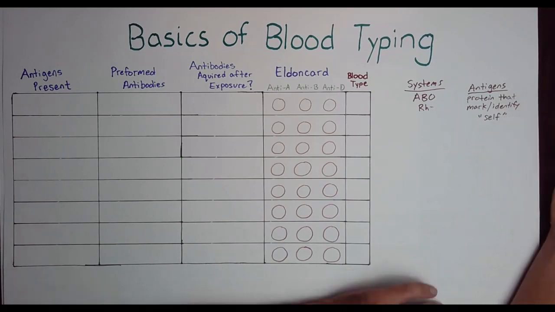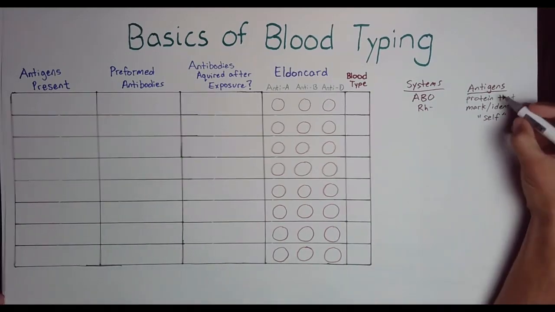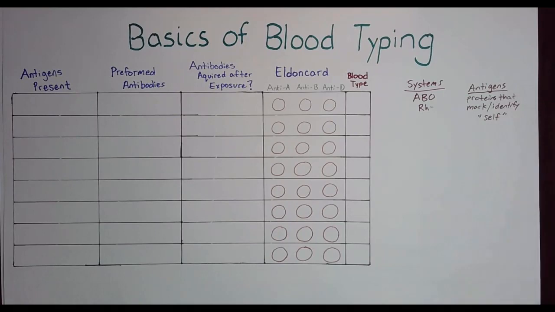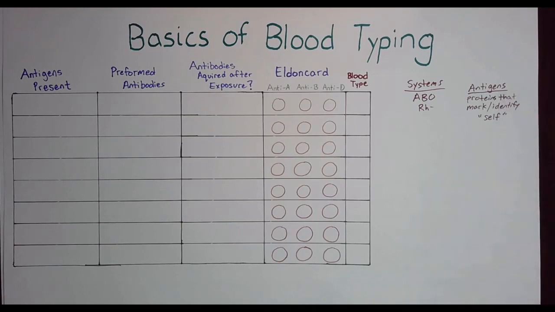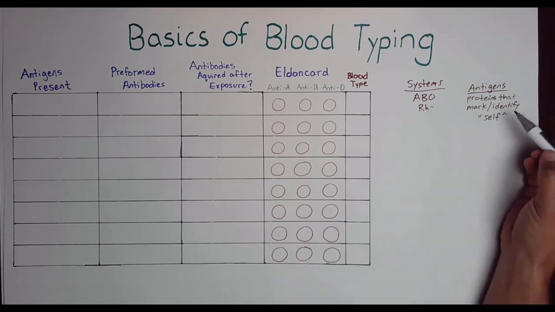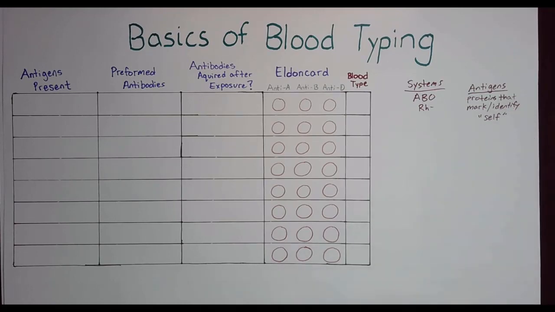If something foreign enters your body, your immune system wants to kill it. In order for your body not to kill its own cells, you have these antigens that say, hey, I'm me, don't kill me. And therefore your immune system tends to leave it alone. Again, these are proteins that mark self.